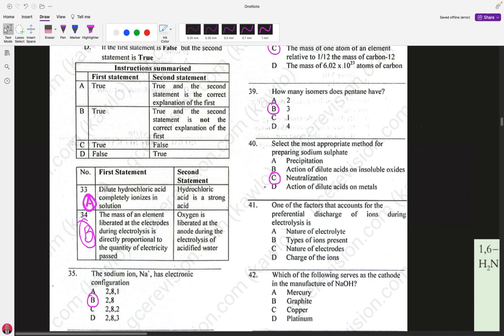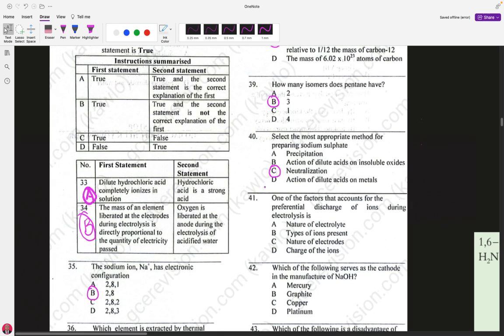Question 41. One of the factors that account for the preferential discharge of ions during electrolysis. You should know that for ions in an electrolyte to be discharged at the different electrodes, there are certain things you have to take into consideration. Another thing you should be aware of before your exam is the reactivity series. Which element is up and which one is down?